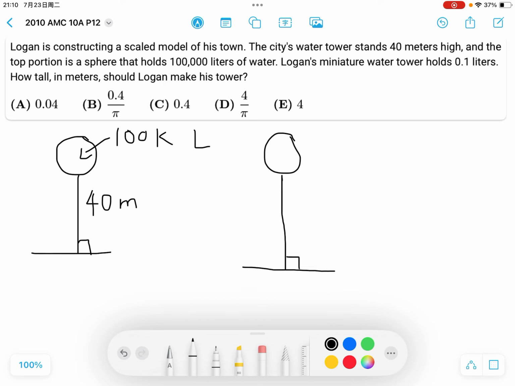This part is also the ground, or the table wherever Logan put his model. This part now only holds 0.1 liters of water. And we want to figure out the height. So let's call that small h, and we can call this height big H. So big H equals 40 meters.